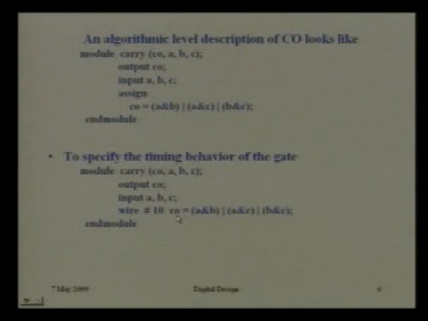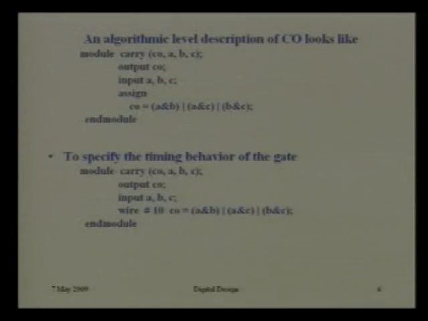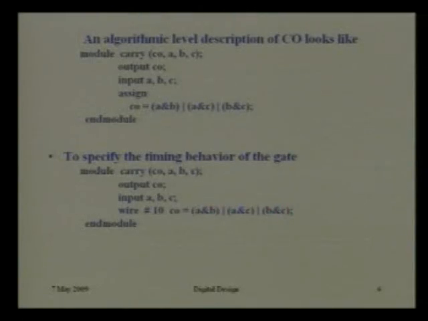Because now you think you want some hardware, and hardware means whatever small delay it is, an AND gate has some delay. AB plus BC plus CA means you have three 2 input AND gates, all in parallel, and one 3 input OR gate.